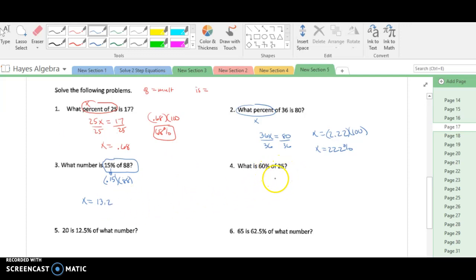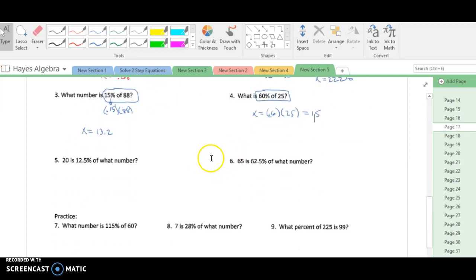What is 60% of 25? 60% of 25 means x is 0.6 times 25. 0.6 times 25 gives you 15. Okay, so 1 and 2 are one type of problem, 3 and 4 another type.